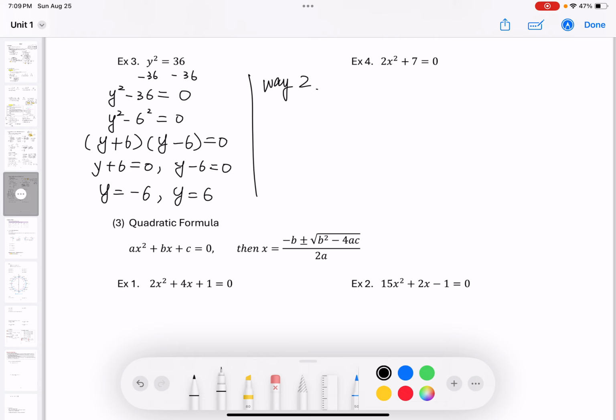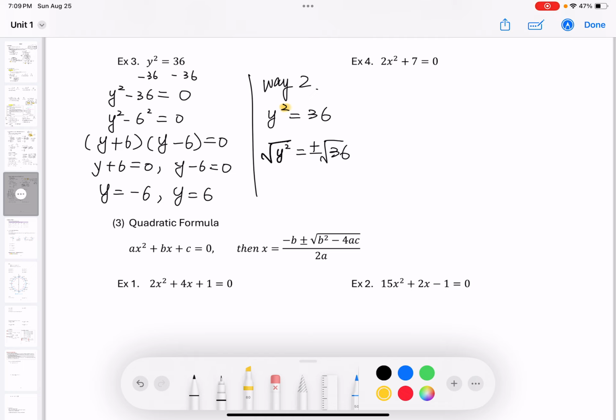this from college algebra. If we have y squared equals 36, I'm solving for y. We cannot have y squared here. How to get rid of the squared? Square root. Yes, we can take the square root of both sides. Square root of y squared is equal to square root of 36. What is missing? Plus or minus sign.